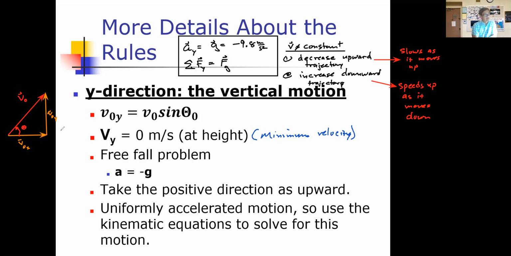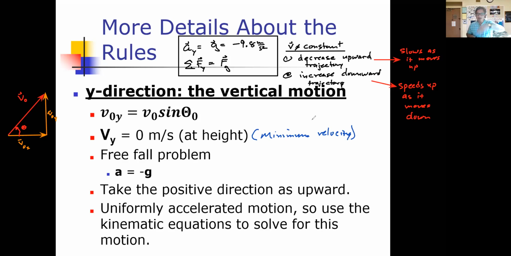So if the initial velocity is positive, the final velocity is negative, and the minimum velocity is 0. Understand, as it goes back down, even though the sign is negative, the negative sign doesn't mean less than 0. It just means that it's going down.